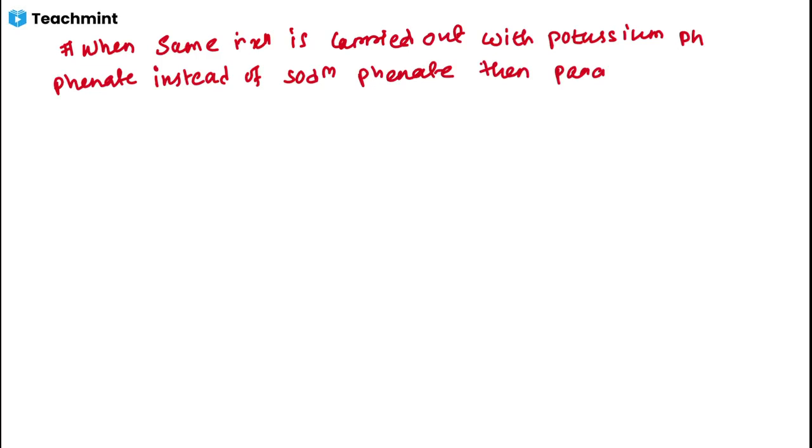When the same reaction is carried out with potassium phenate instead of sodium phenate, then para-hydroxybenzoic acid is formed. See the reaction.